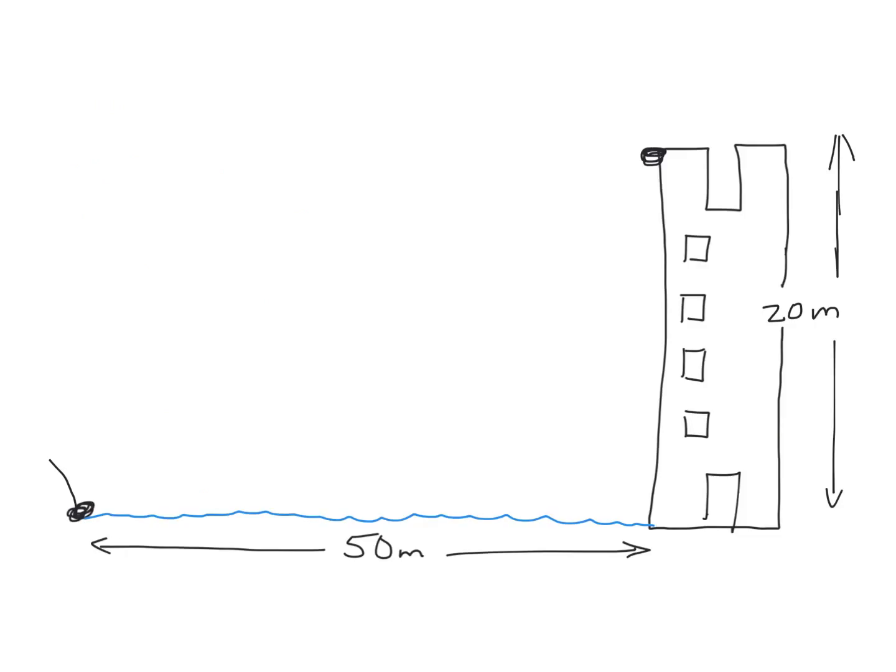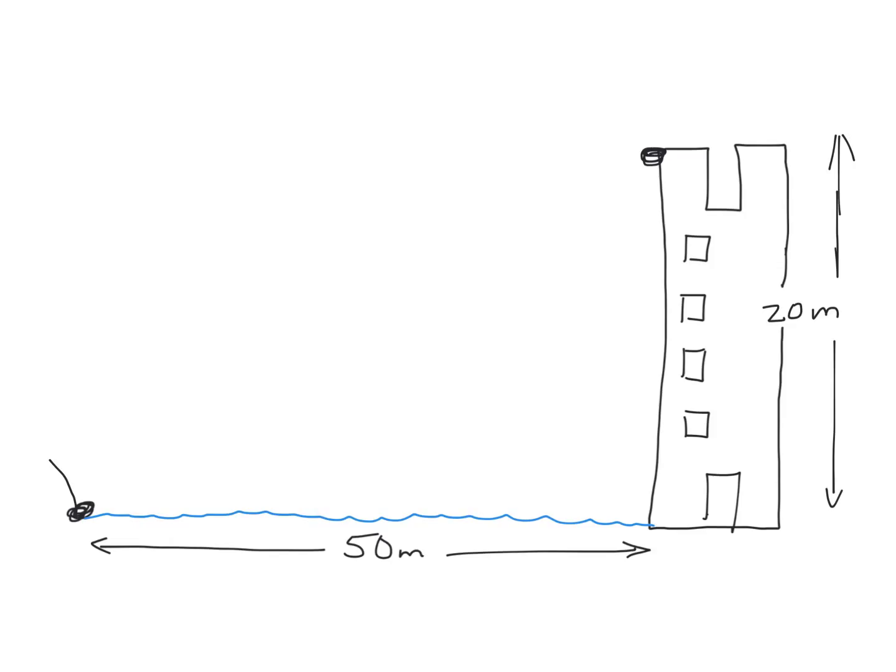Alright, well, here's another example to work on. Over here we have a tower, and it is 20 meters tall, and we have a moat that goes around the tower, and that is 50 meters wide. What we need to do is make a zip line from the top of the tower all the way down to the bottom of the tower so we can escape.